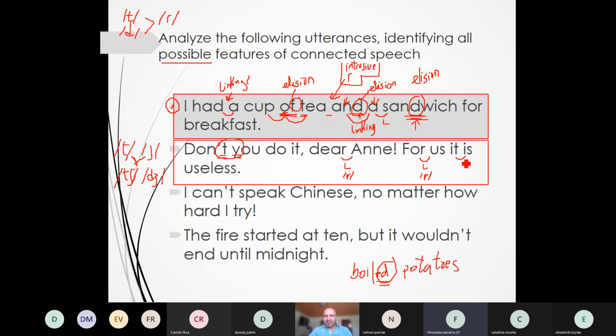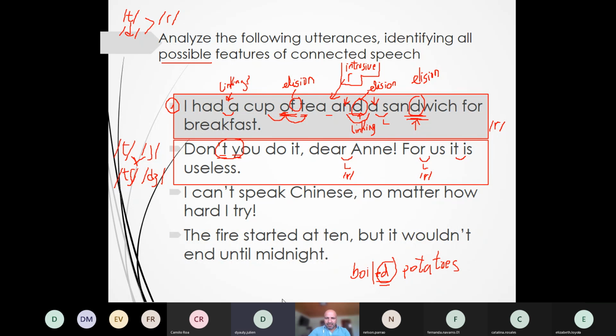Oh, got you. All right, that's a very good comment. It's basically very connected to a previous exercise. When we think about an intrusive R, the intrusive R is inserted, right? If you remember one of the examples, "law and order", do you remember that one?